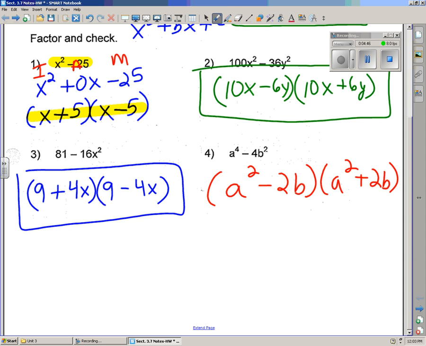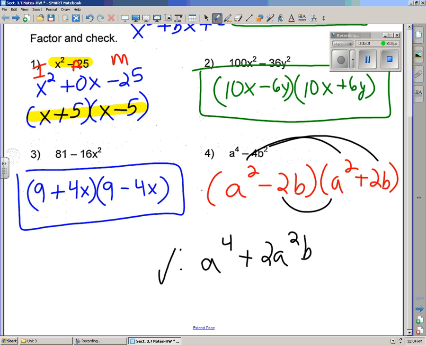Again, what we haven't done is show you how to check in some of these, and we can always check our answers by FOIL. Let's check this one by FOIL. If you do a squared times a squared, a to the fourth. A squared times 2b is 2a squared b. Inside, it's negative 2b times a squared, negative 2a squared b.